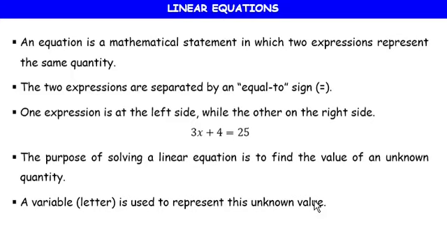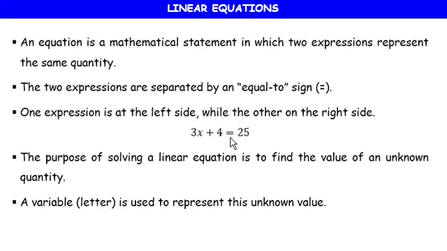What is an equation? Briefly, we say that an equation is a mathematical statement in which two expressions represent the same quantity. Basically, you'll be given two different expressions. You have one expression on the left side and another on the right-hand side, and the two expressions are separated by an equal to sign.